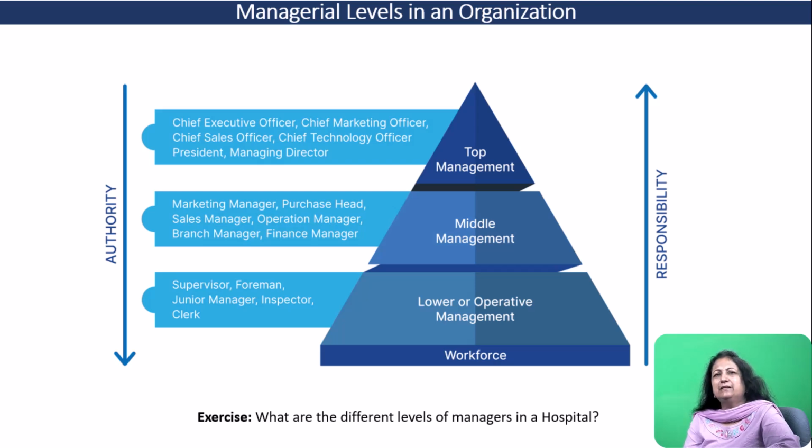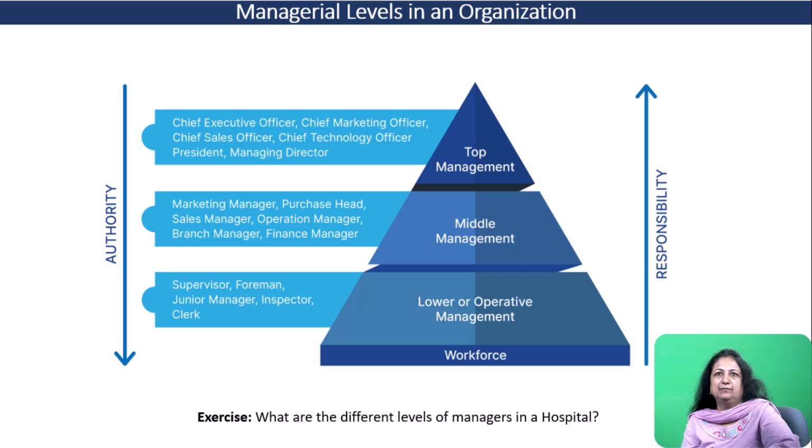So what does this really tell us? As we move up, it tells you a lot of things in this pyramid. The responsibility goes on increasing, and your accountability becomes of higher and higher value. And then authority flows. That means the decision making will be at the top.